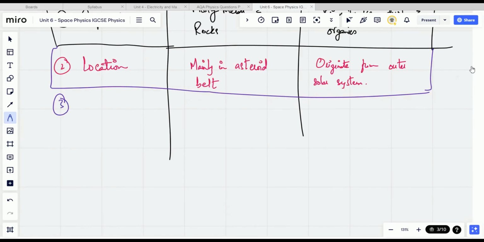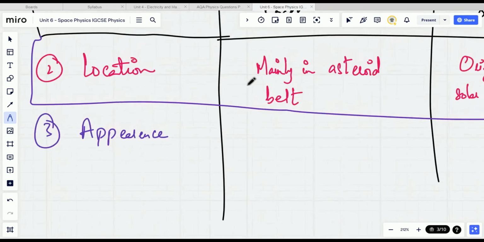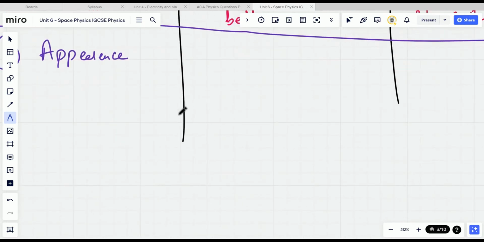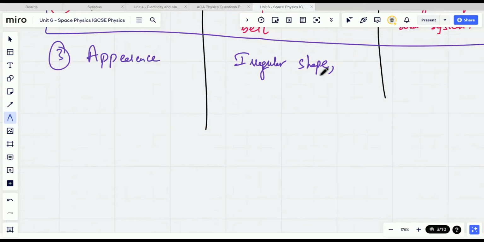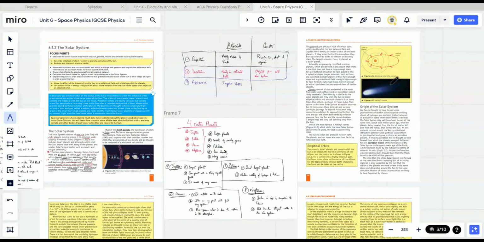One minute, guys. Appearance. What do they look like? Asteroids have a very irregular shape. I'll show you a tail of a comet. You see this?